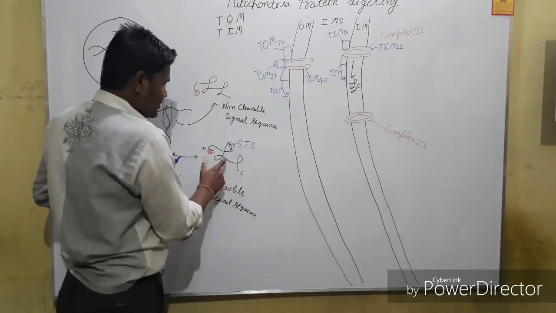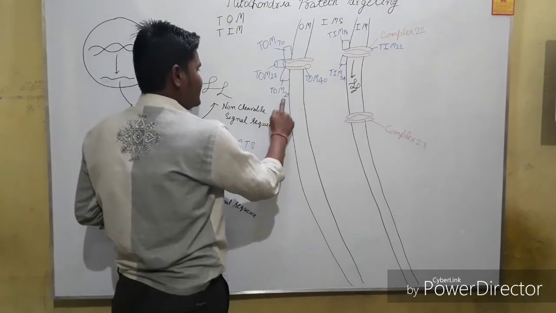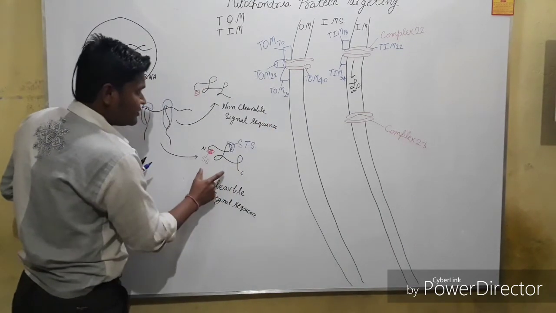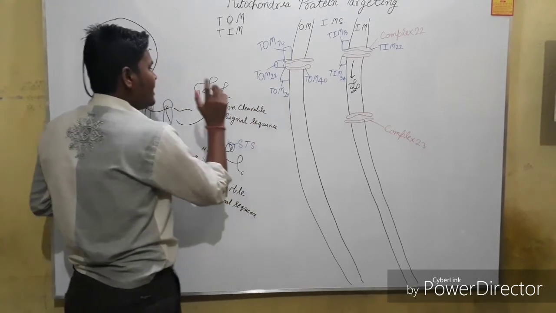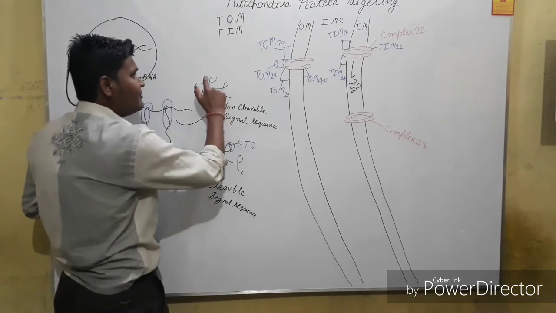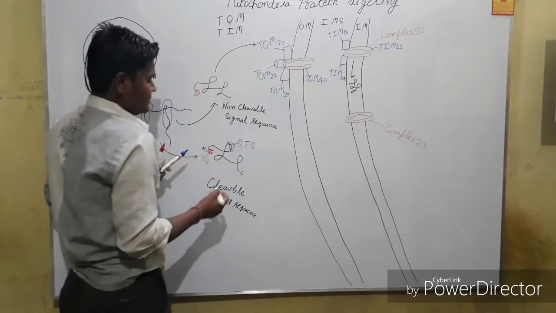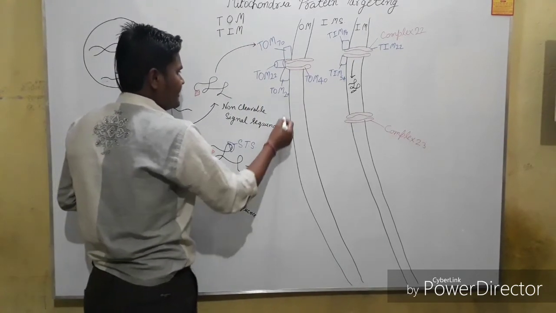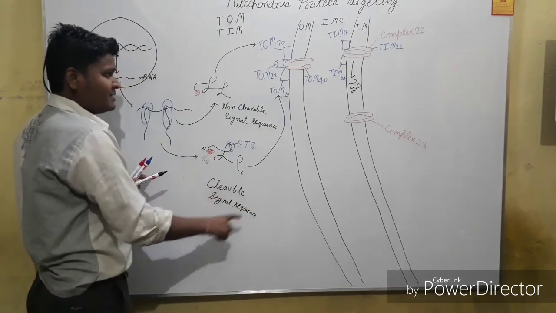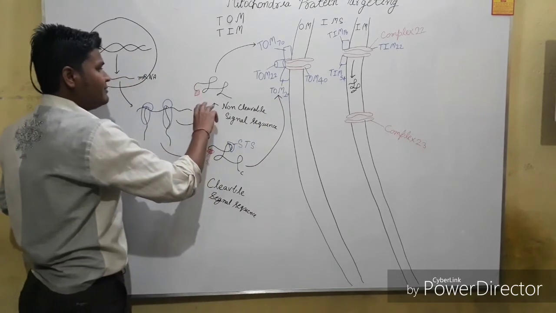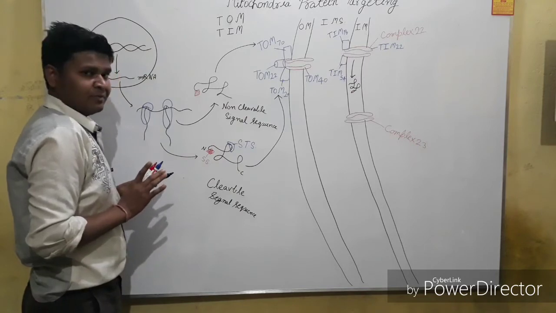The cleavable protein always interacts with the TOM20 receptor, and the non-cleavable protein always interacts with the TOM70 receptor protein.